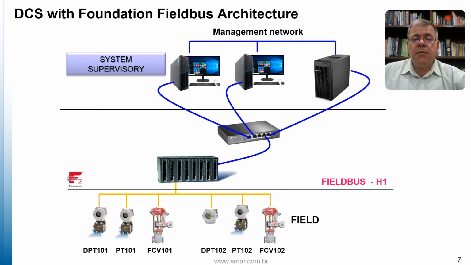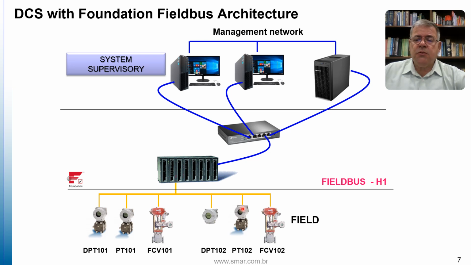In the Foundation Fieldbus system, there's a single channel. This channel goes out from the CPU or from a Foundation Fieldbus scanner connecting field devices on a network using a single pair of wires. This distinguishes the physical setup.